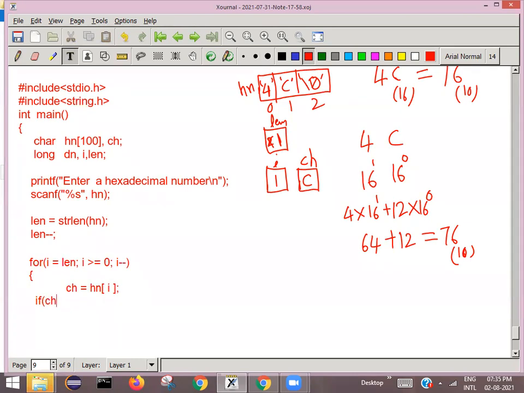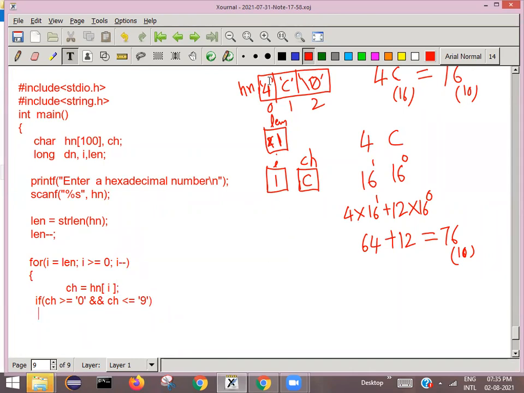If ch is greater than or equal to 0, but this time see here, this 0 is stored as a character, so you have to include it in single quotes. And ch is less than or equal to the character 9. Character 9. That is nothing but you are getting a digit.